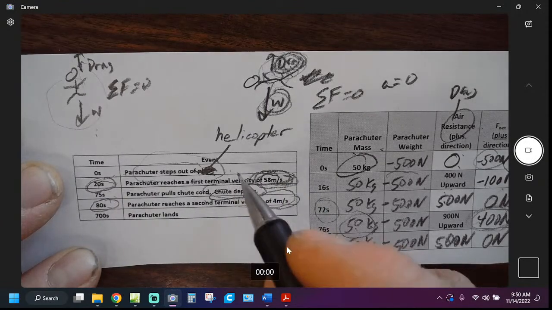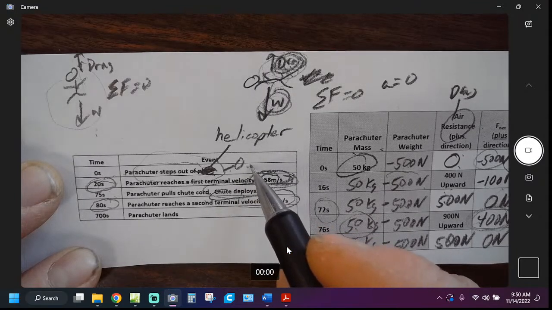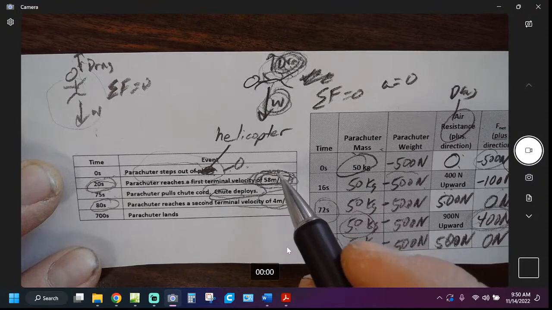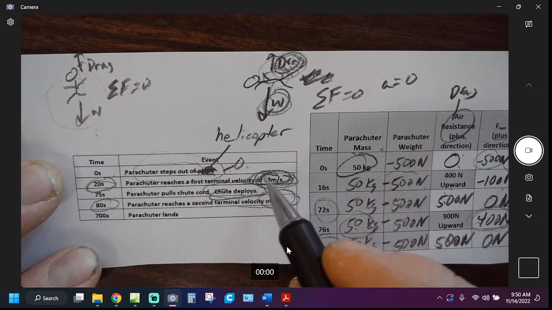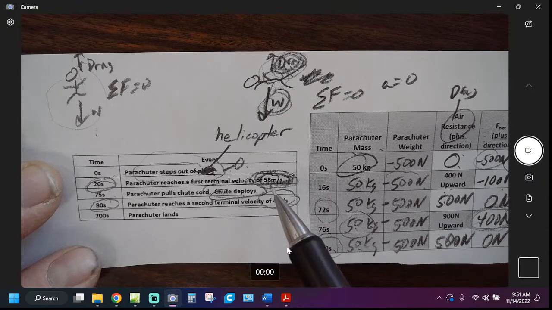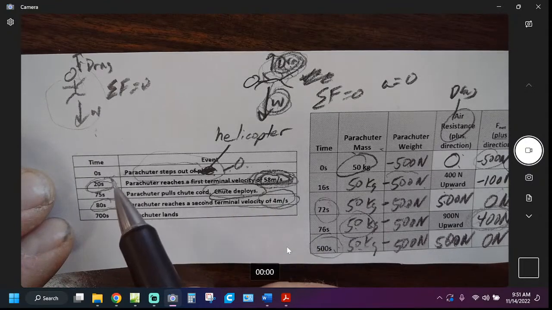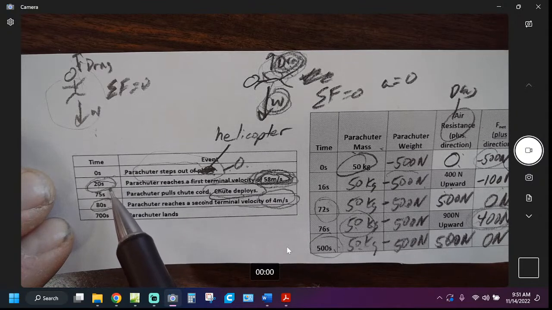So at the beginning, you're going 0. You speed up to 10 meters per second, 20, 30, 40, 50, 55, 56, 57. When you get to 58, you stop speeding up. And you stay there. You'd hit the ground going 58 meters per second if you didn't have a parachute. But at 75 seconds, you pull the chute, and then things change.